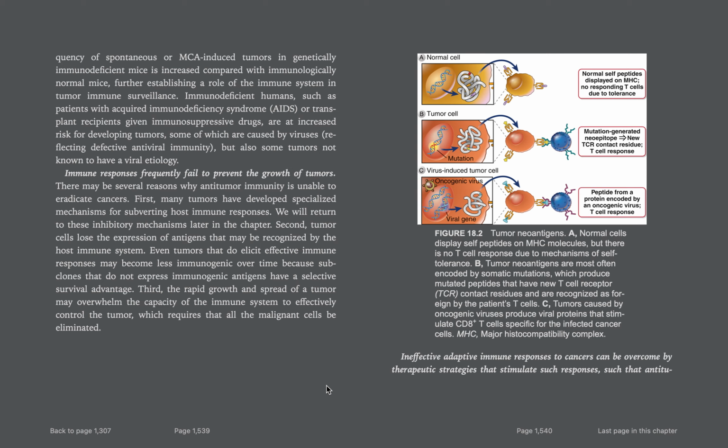Third, the rapid growth and spread of tumors may overwhelm the capacity of the immune system to effectively control the tumor, which requires that all the malignant cells be eliminated.